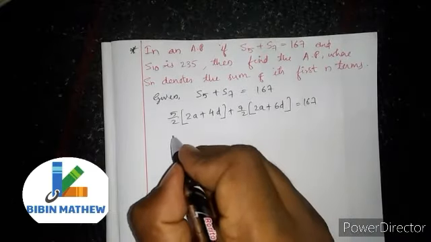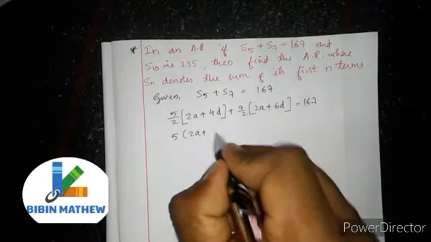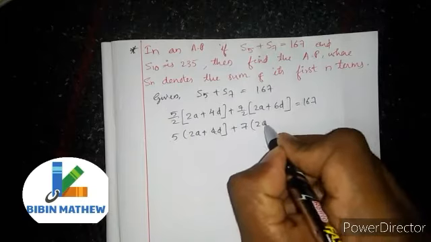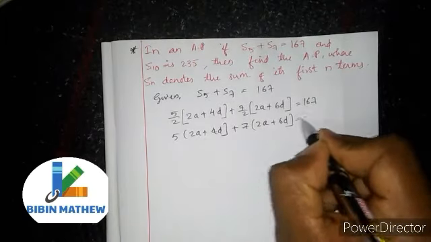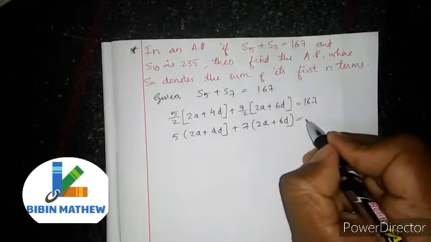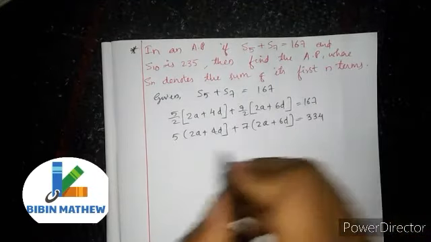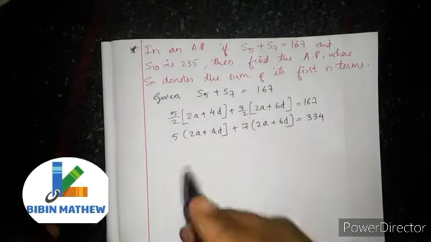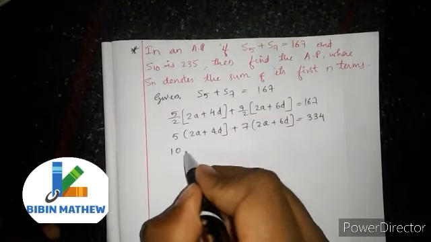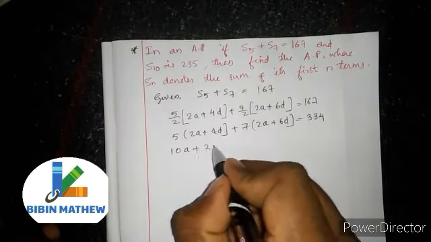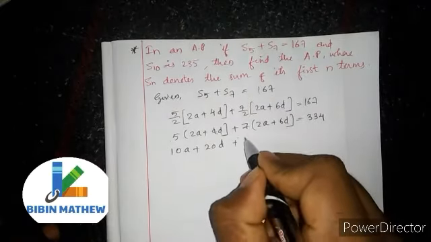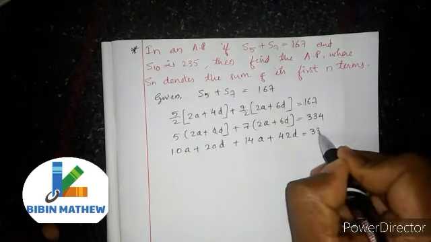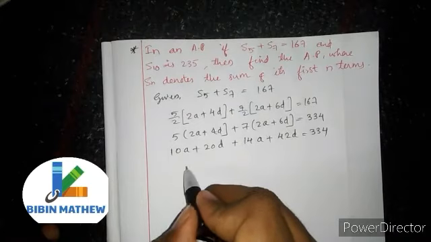Now, multiplying this whole equation by 2, the 2 in the denominator goes away, then 5 into 2a plus 4d. This is the simplest method, that's why I'm doing it like this. 7 into 2a plus 6d. Multiply the whole equation, meaning the RHS also. 167 into 2 is 334. Now multiply the inside terms by 5 and 7, that is, open the brackets. That is the way how to do it. Open the brackets. 5 times 2 is 10a plus 5 times 4 is 20d plus 7 times 2 is 14a plus 42d is equal to 334.